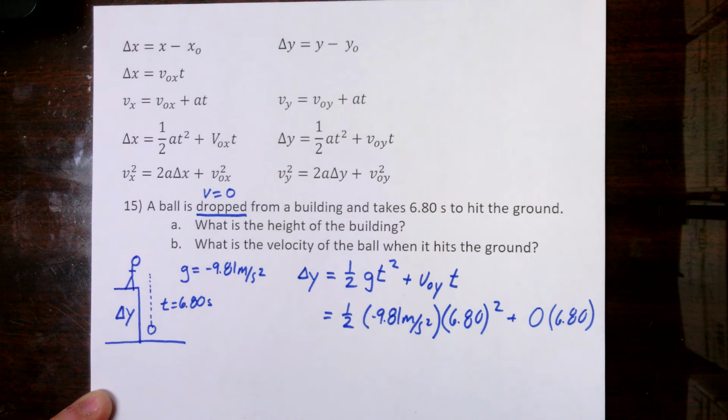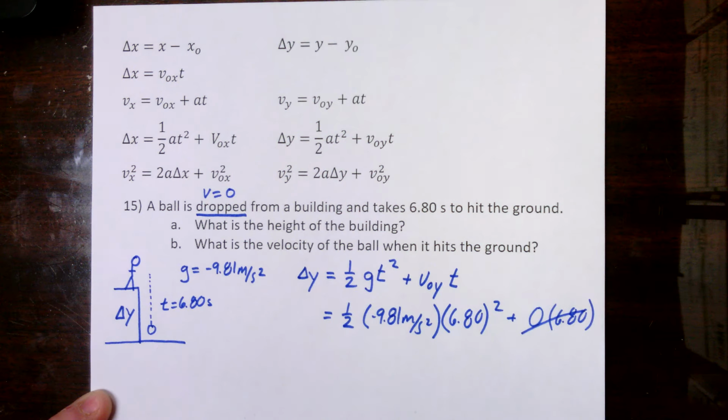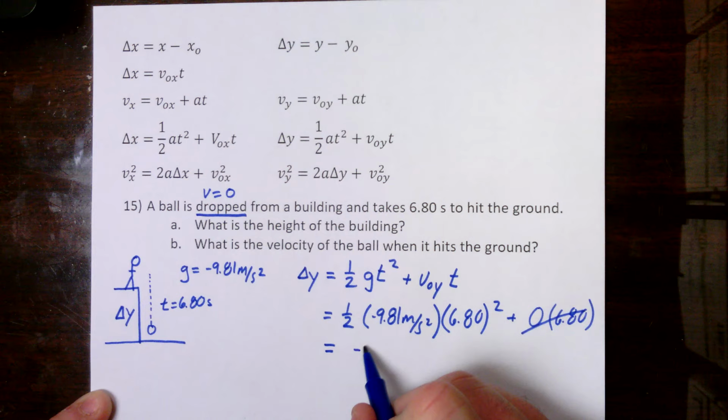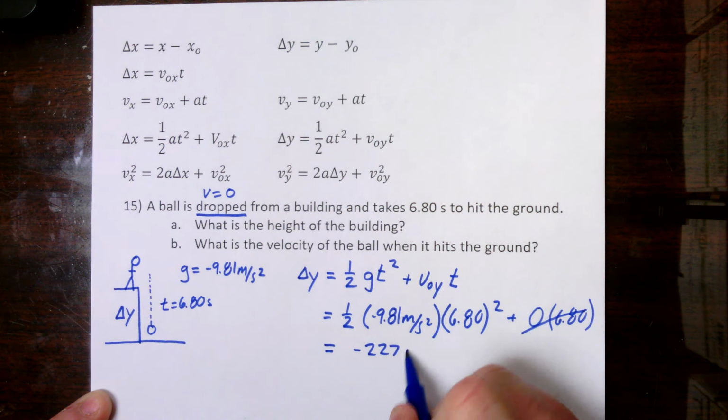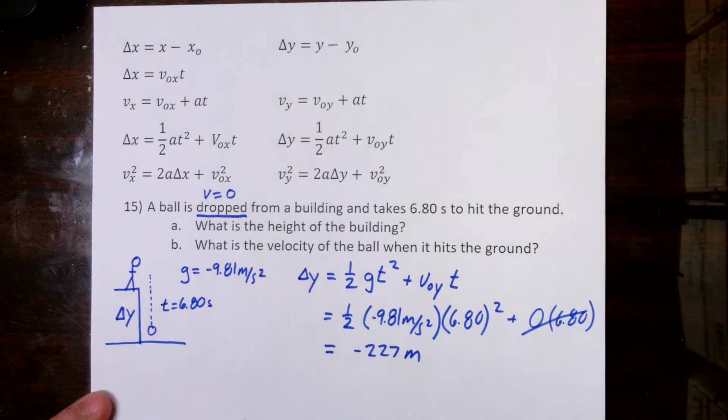Now this term here obviously just becomes zero, because 0 times anything is 0. And when I solve this, I get about negative 227 meters. Okay, that is part A.